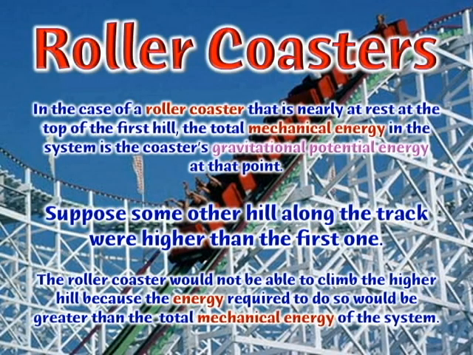So roller coasters are often used to describe mechanical energy in physics, and they're a pretty good example. Because you do all of that work hoisting the roller coaster up on top of that first hill, the artificial hill, right? And then that potential energy that you've established through all of that hard work is converted into kinetic energy, right?